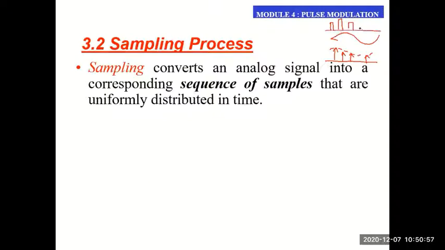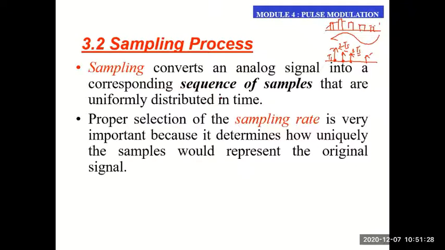Depending on the process required, you represent an analog signal using a sequence of samples which are distributed in time uniformly. So if I have this sample at time Ts, this sample will be available at time 2 Ts, this will be available at 3 Ts. It is uniformly distributed in time. Okay, this is sampling.